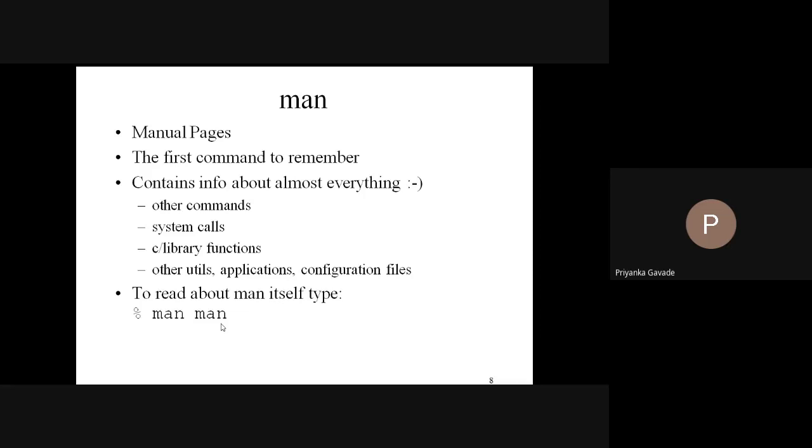We can see it with the help of the Cocal simulator. For example, I want to look into what exactly is the meaning of the WC command. So in that case, I can type in the command man.